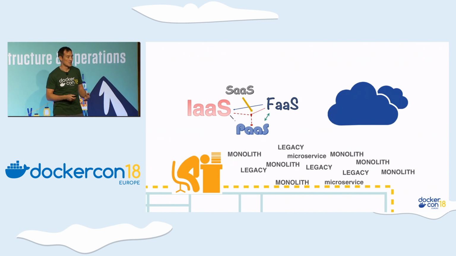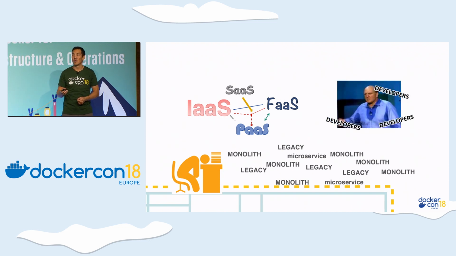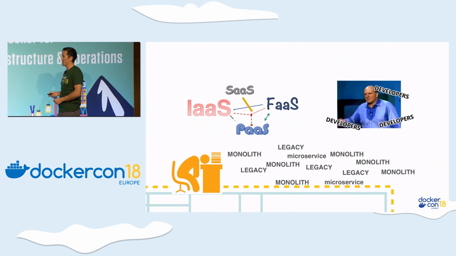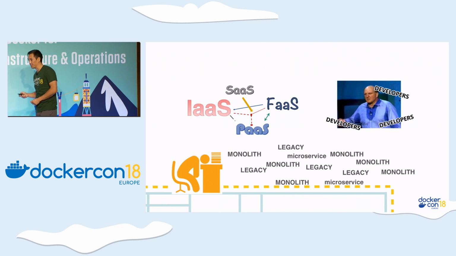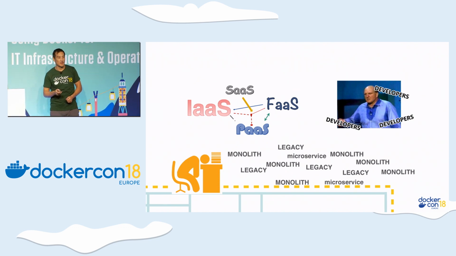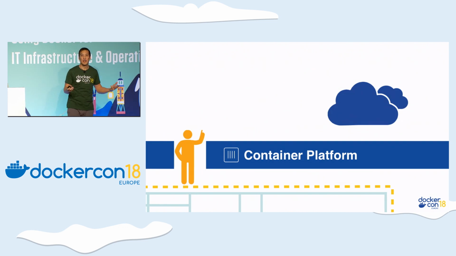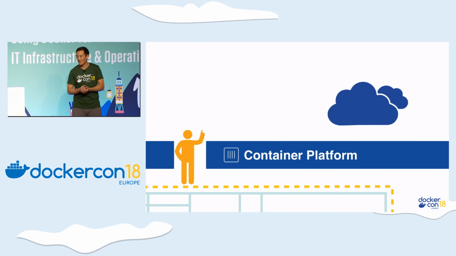It can get really confusing, right? And on top of that, you might even have a CEO who just loves developers. He thinks they're the most important people in the entire company. So how are we going to get to the cloud? Well, since we're at DockerCon, I think we all know the answer to that. You saw it this morning in a container platform, okay?